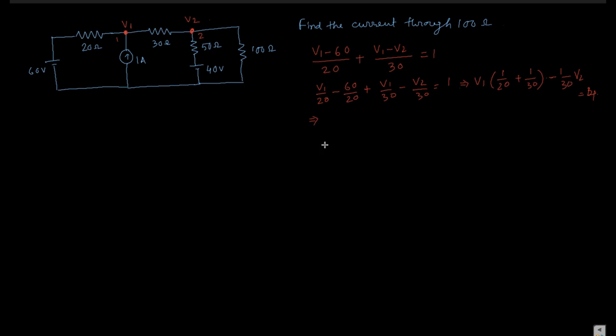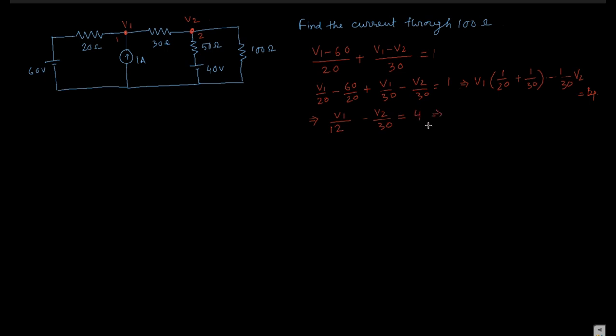So 60 is the LCM, so 3 plus 2, 5 by 60 means V1 by 12, V1 by 12 minus V2 by 30 is equal to 4.